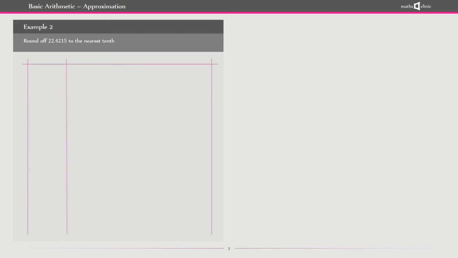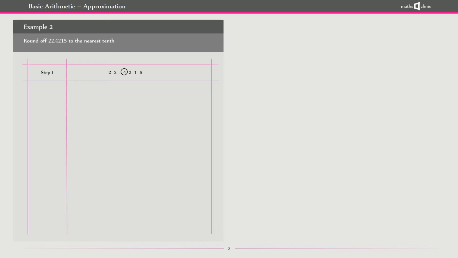Okay, let's find out. So we have step 1, we need to identify the place value in question. We're told to round it off to the nearest tenth. If you remember from the last lesson, the number in the tenth place value in this case is 4. Now that you've identified the number in the given place value, the next thing you need to do is look at the number after it.